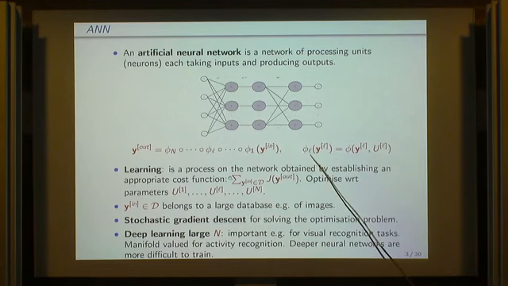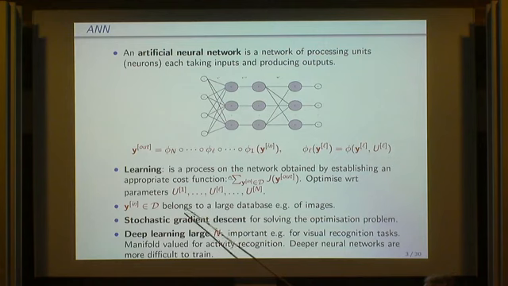The index doesn't necessarily mean that you have a completely different map from one layer to the other, but you have different parameters. So the map depends not only on the input at layer L, but also on the parameters U_L. And these are parameters that typically you want to determine.